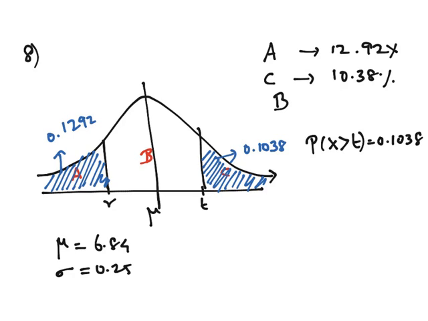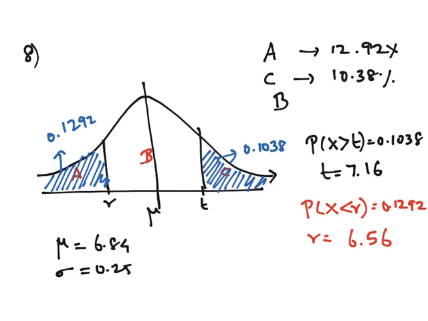So the answer is T is 7.155, so 7.16. Similarly, P of X less than R is 0.1292. So again, let me use the inverse normal. This time the tail is left and the area is 0.1292. So the answer is R is 6.55, so 6.56. Right? So T is 7.16 and R is 6.56.